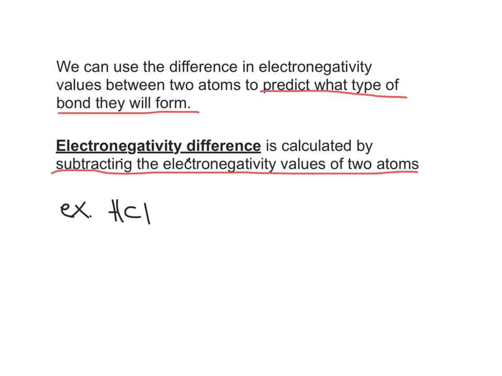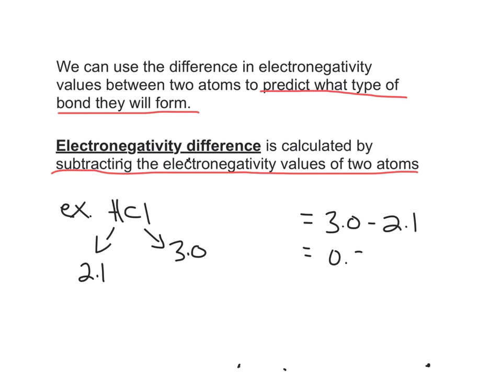Chlorine had the electronegativity value of 3.0. Hydrogen had the value of 2.1. So our electronegativity difference equals 3.0 subtract 2.1. And that's easy enough to do in our head. We get 0.9.